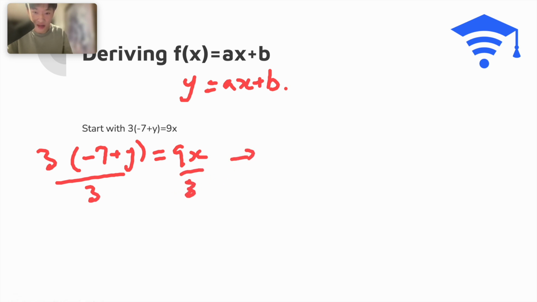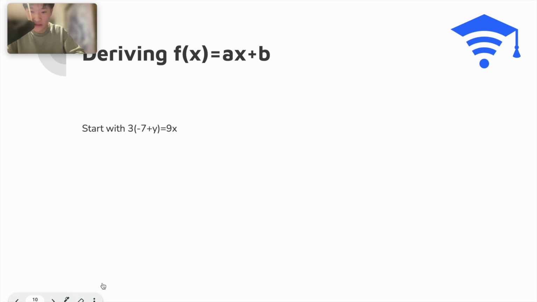And then you get minus 7 plus y equals 3x. Sorry about that. This is after dividing both sides by 3.